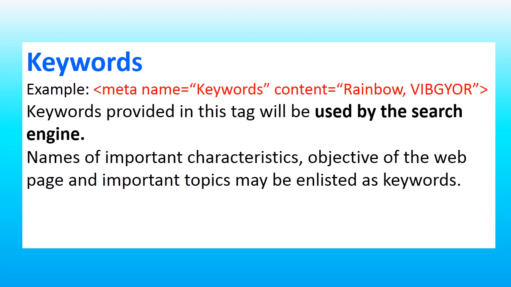So the person who has developed these websites has written all these contents as keywords. Names of important characteristics, objective of the web page, and important topics may be enlisted as keywords.